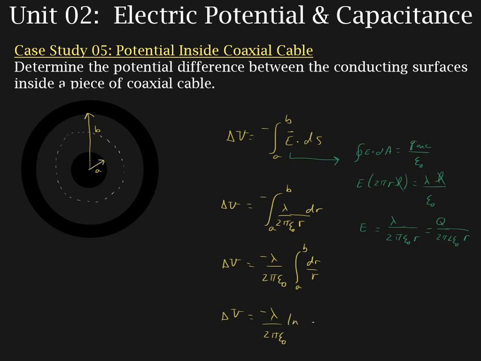So we get ln of r evaluated from A to B. And so this whole expression now becomes delta V is equal to minus lambda over 2 pi epsilon naught times natural log of B over A.